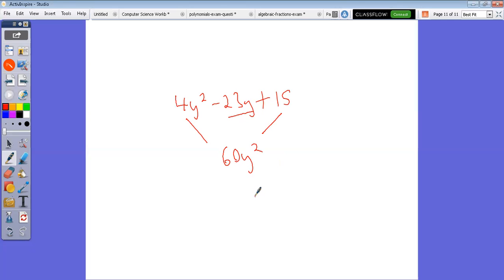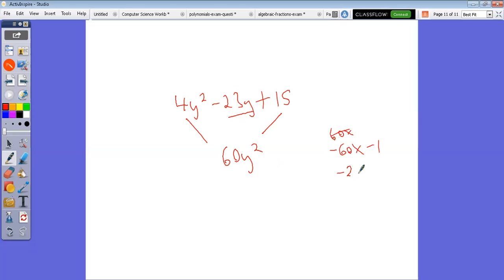We are multiplying two negative numbers, but when we add them we get negative 23. So in your head, think of 60 times 1, or minus 60 times minus 1. Ignore the y. This will never give us this. It gives us minus 61.